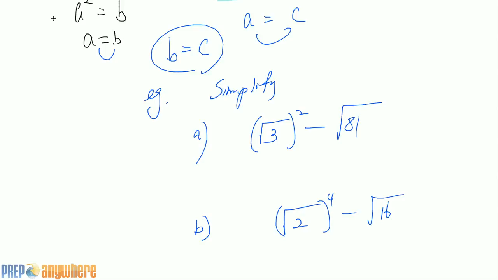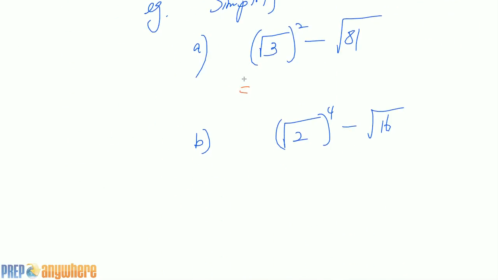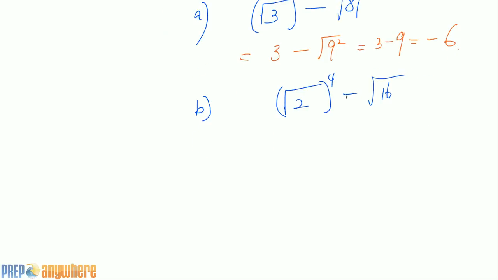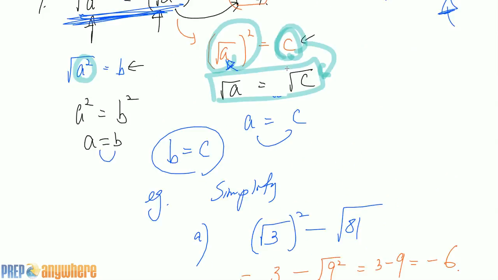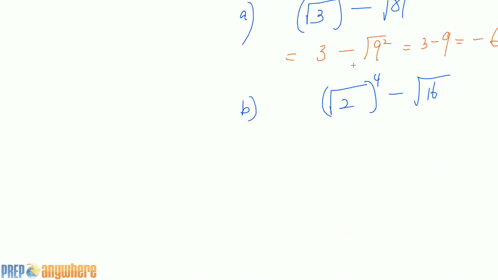Okay, so here's the first example. According to the first property, if you have the square root of 3 squared, what do you get? Square root of a squared, you get just a. So it's going to be 3, and this is the same as the square root of 9 squared, so you're going to get 3 minus 9, so minus 6. So how do I use this property here? I want to use the square root of a squared, but I don't have a square here.